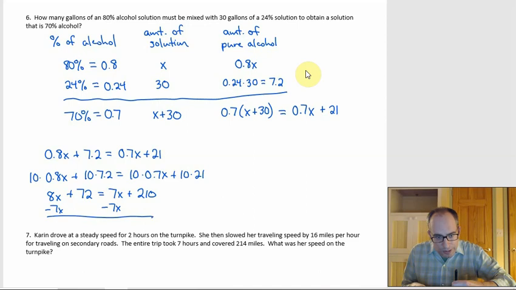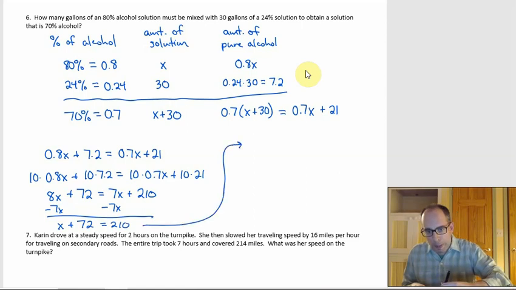We're going to have x plus 72 equals 210. And then from there, so I guess I'll just recopy it first. So x plus 72 equals 210.